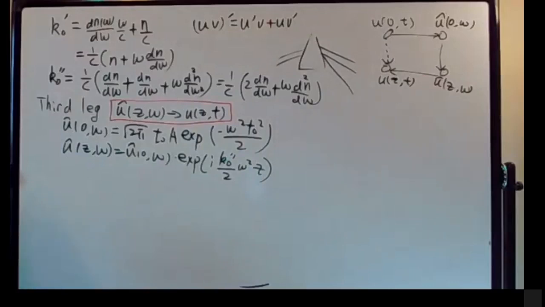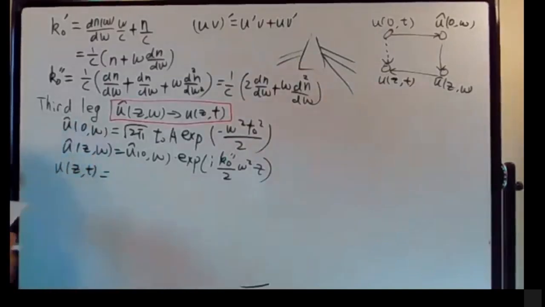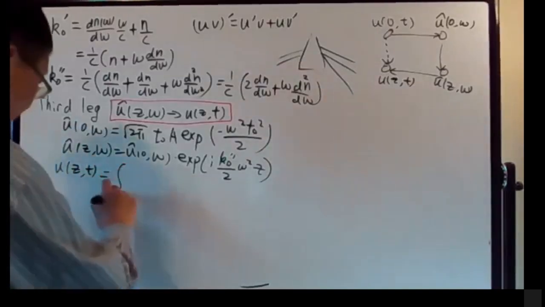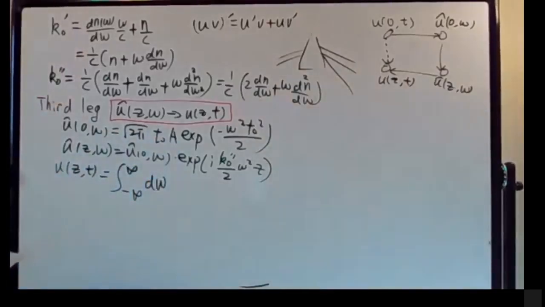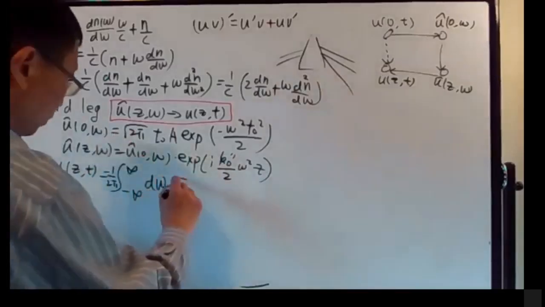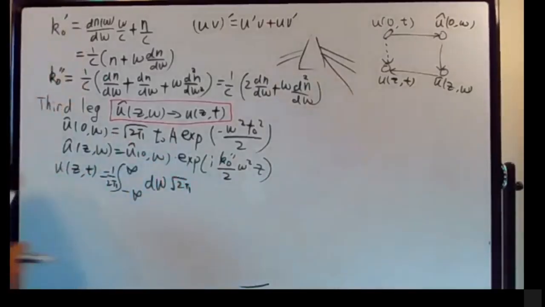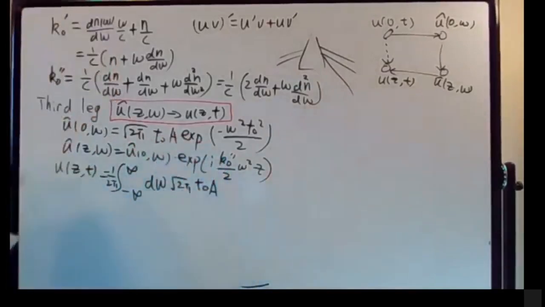The final task is the inverse Fourier transform. So now we have z t. The inverse Fourier transform is the integral from negative infinity to infinity d omega, with the 1 over 2 pi, and the square root of 2 pi we just directly copy down, T naught, A, exponential.